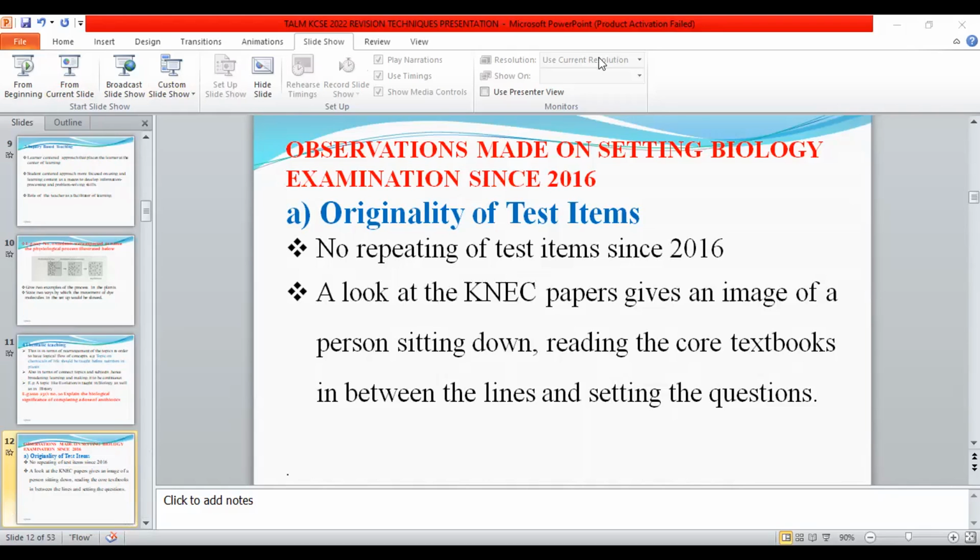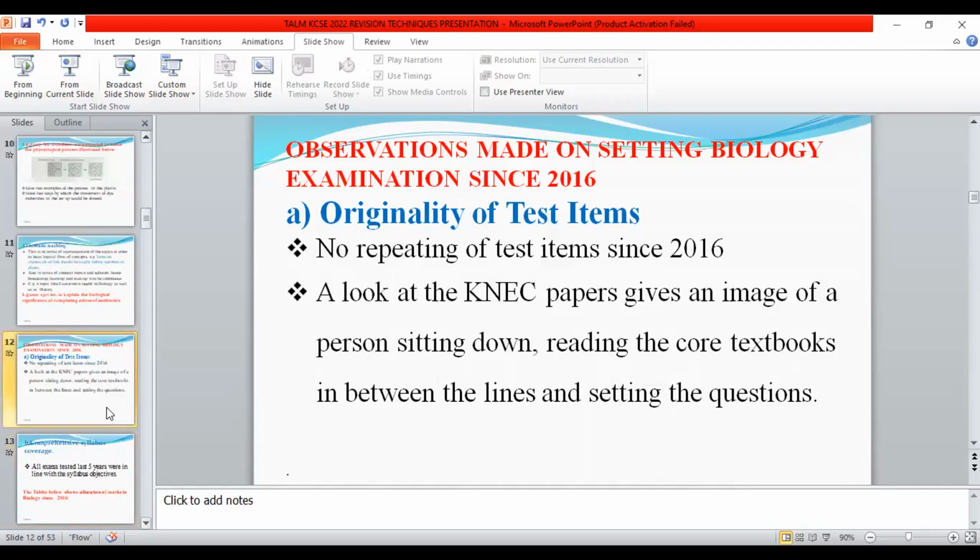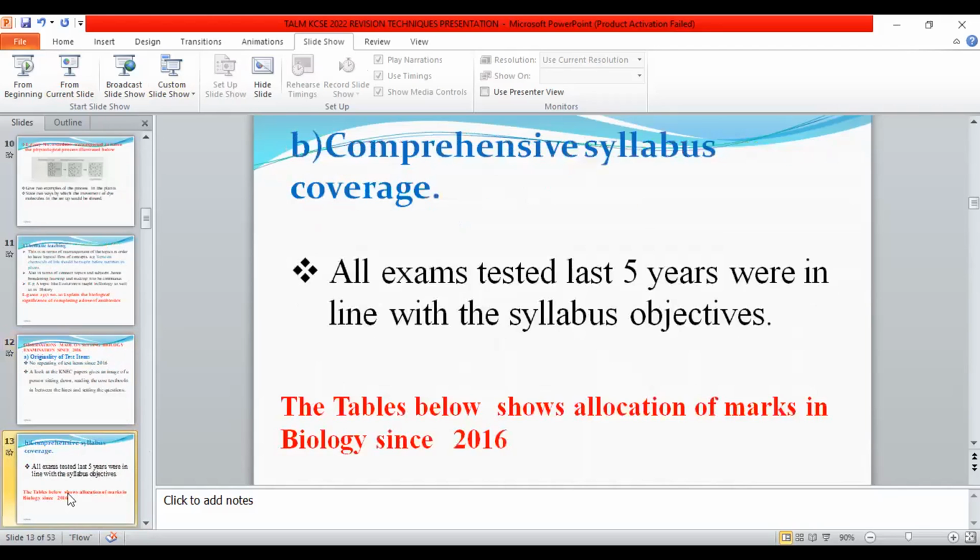The second observation that is made by looking at the way questions are being set, next slide please, is on comprehensive syllabus coverage. We know that in our schools where we come from, there is normally a deadline for covering the syllabus.